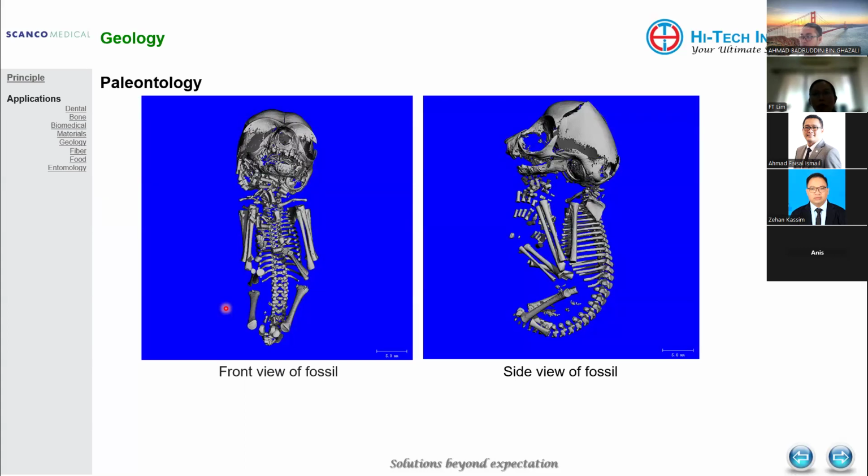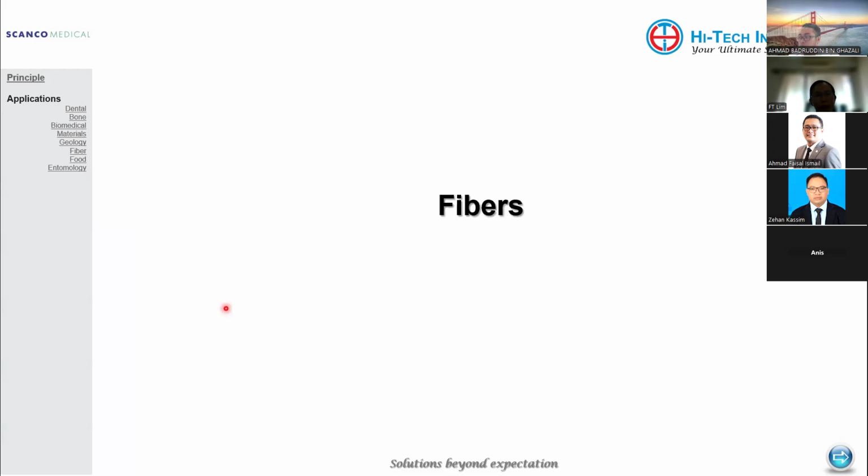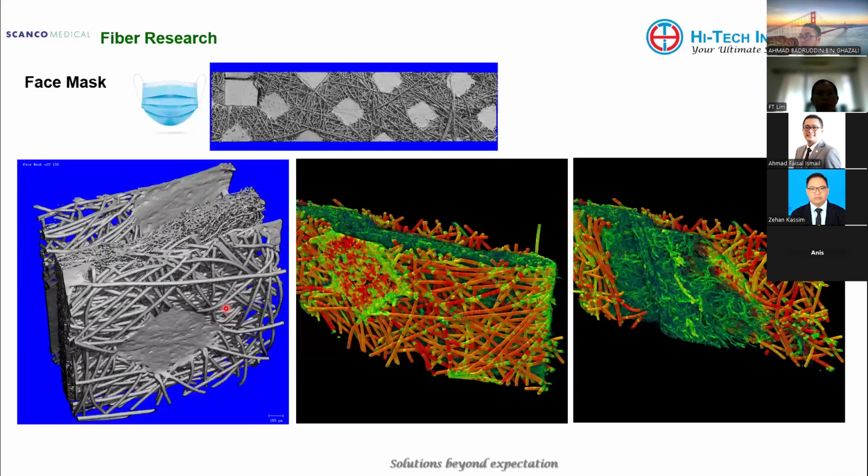So without destroying the fossil itself, we can identify what kind of animal is embedded within the stone, within the fossil itself. Okay, fibers. So we have done it on a face mask.